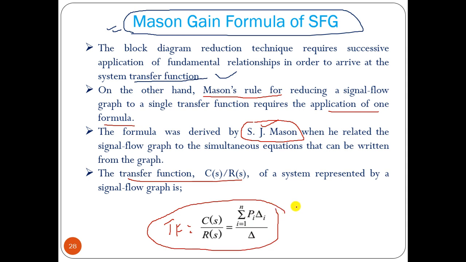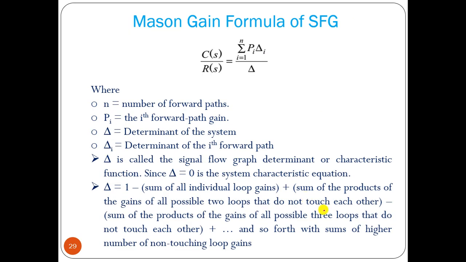Now let me discuss the meaning of P, delta I and delta. Here n is the number of forward paths. Depending on how many forward paths there are, we have to expand this formula. Suppose n equals 2, meaning we have 2 forward paths, then this formula can be written as P1 delta 1 plus P2 delta 2, divided by delta, because I goes from 1 to 2.